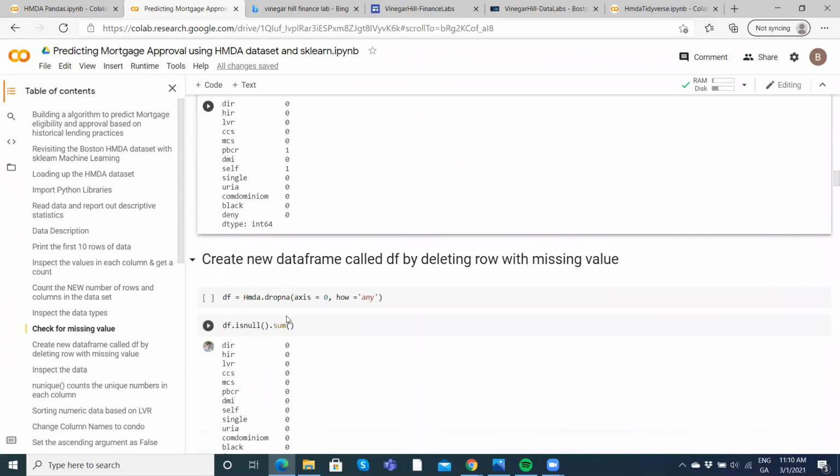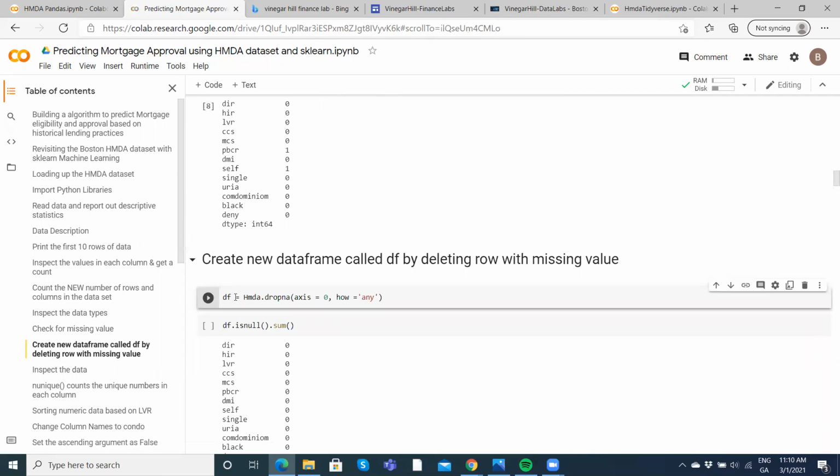Again, we've checked for the missing values. Now, one way we could just eliminate the applicants with the missing cells, just 1, so there's not that many, is to create a new data frame and drop from our rows any cells that are missing.